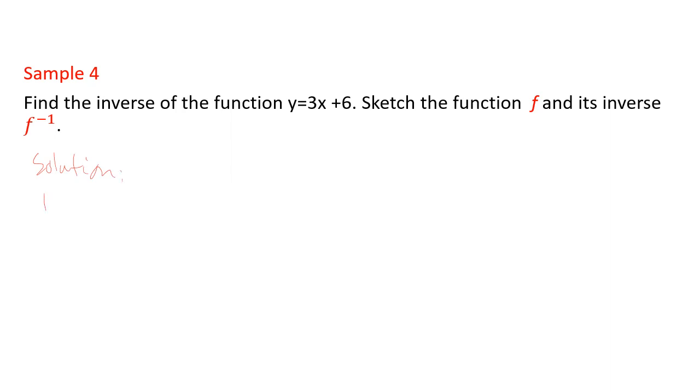The inverse is found by interchanging x and y and solving for y.